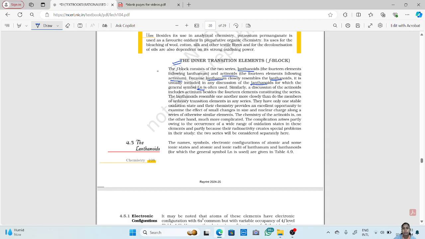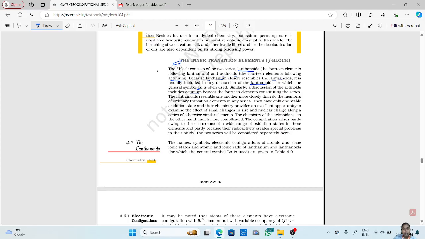Similarly, a discussion of actinides includes actinium besides the 14 elements constituting the series. We will discuss both series in this way, as representative.